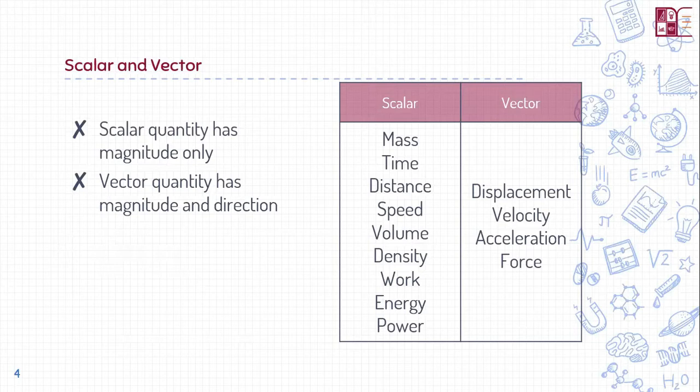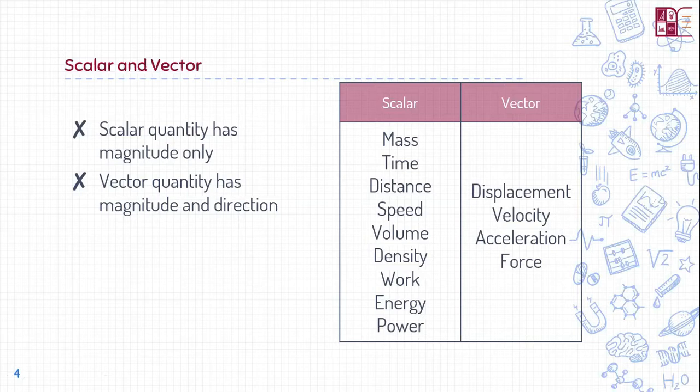So scalar quantities are those quantities that have magnitude only. Now, when we observe around, we've got a lot of different physical quantities. But the difference that makes this classification between scalar and vector is that scalar quantities have magnitude only.